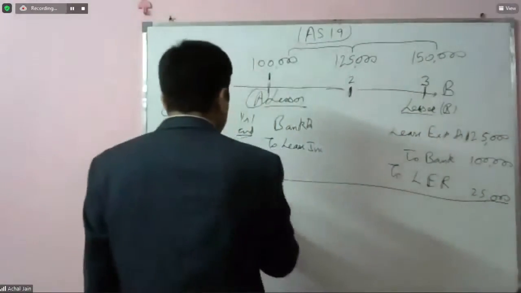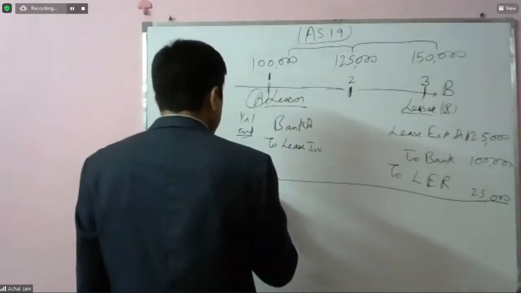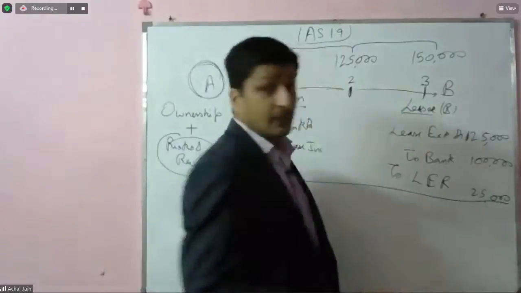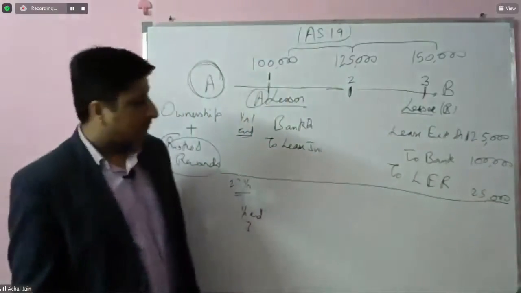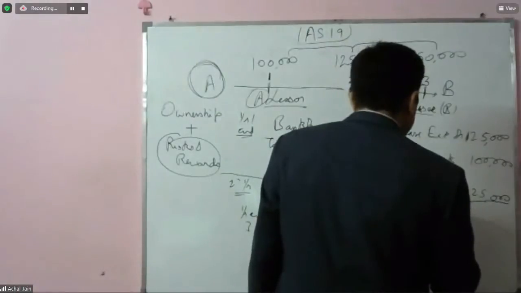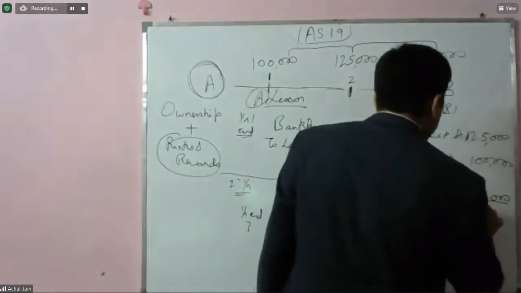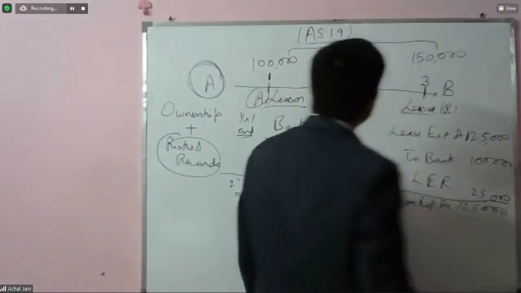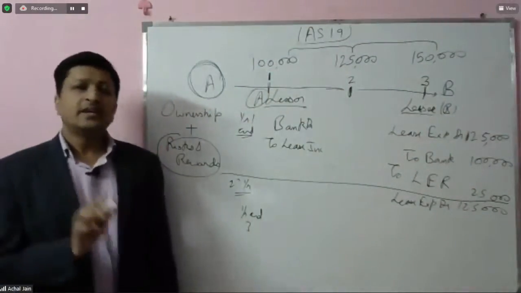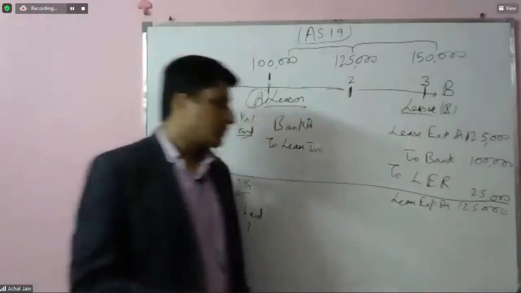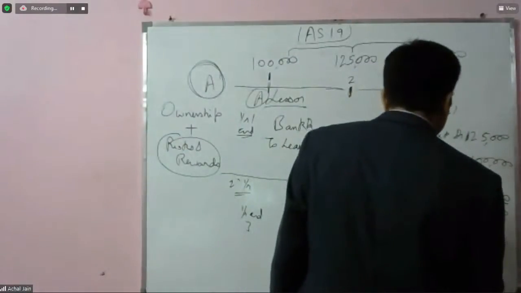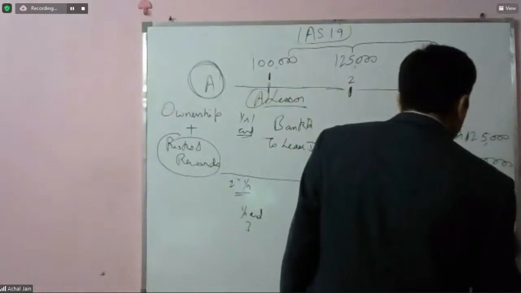At the end of second year, once again, the lessee will record a lease expense, debit 1,25,000. Now he will also be paying 1,25,000. So do we need to create lease equalization reserve? No. So this will be to bank 1,25,000.